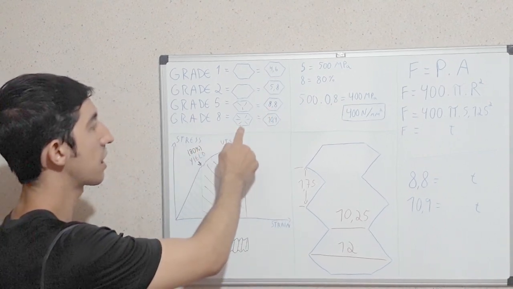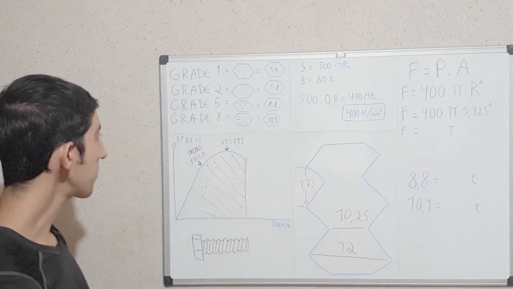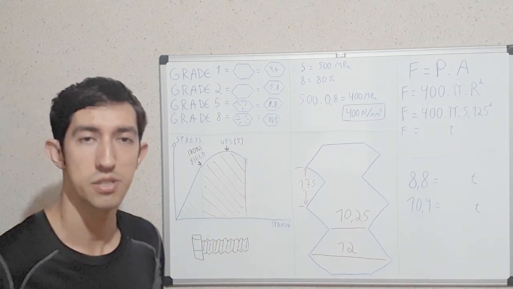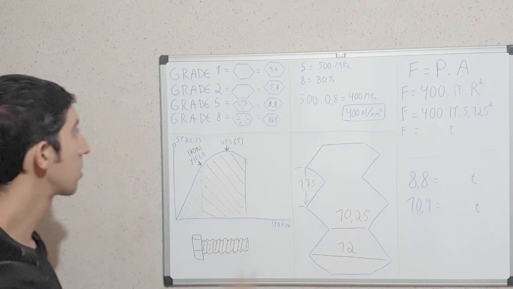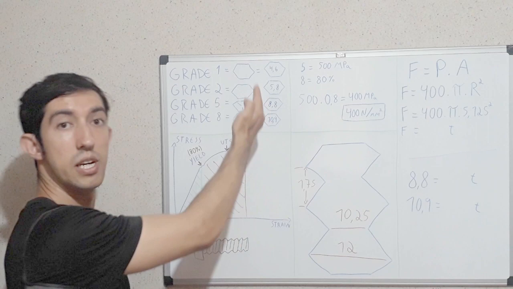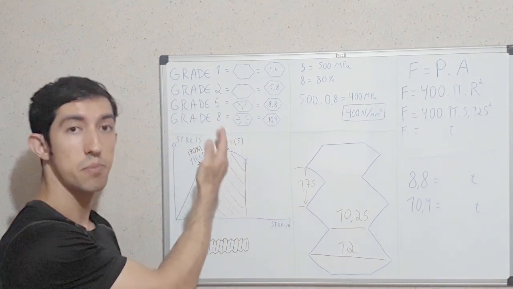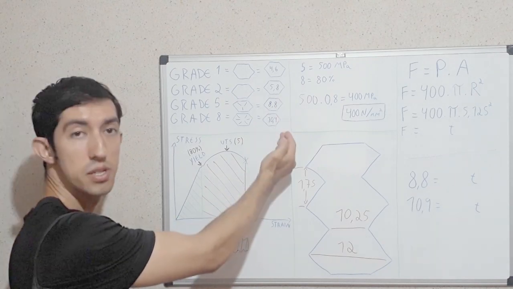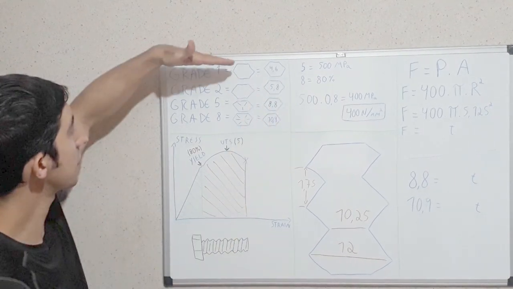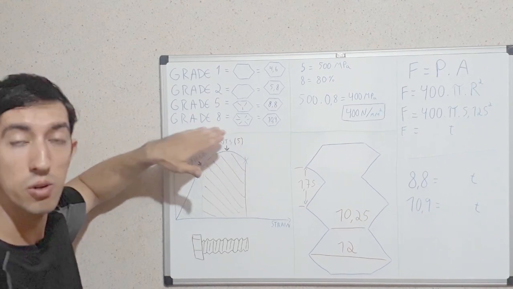Grade 8, there are 6 marks and the number is 10.9. But then you are stuck on what those numbers or those marks mean. You can find either marks or numbers. Basically, the stronger the bolt, the higher the number. So here's the least strong bolt, here's the strongest bolt.